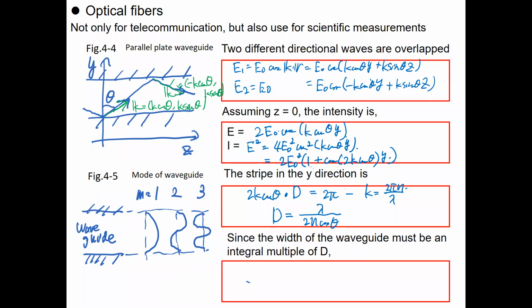So now we can obtain d. d is defined by the other parameters. Now the width of the waveguide must be an integral of this d value.